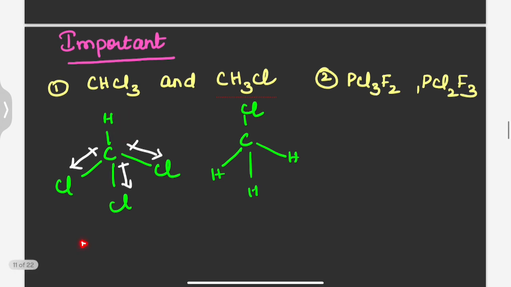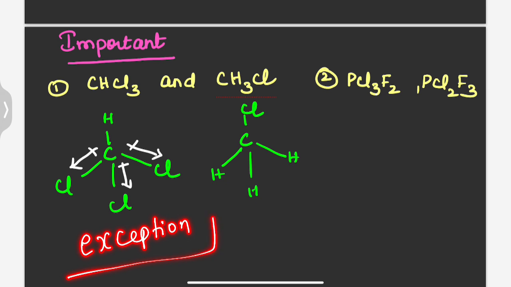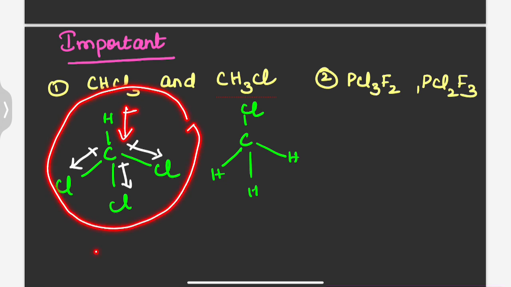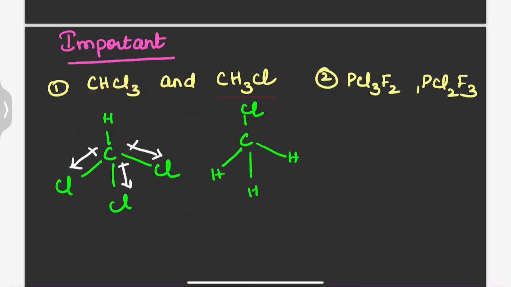But this is wrong. Here there is some exception. Wherever there is an exception, make a note of it. This has already appeared in the JEE paper. Most of the students are going wrong here. They will think that carbon is more electronegative, therefore the arrow will be in this direction. Since all the arrows are in the same direction, the dipole moment will be more.